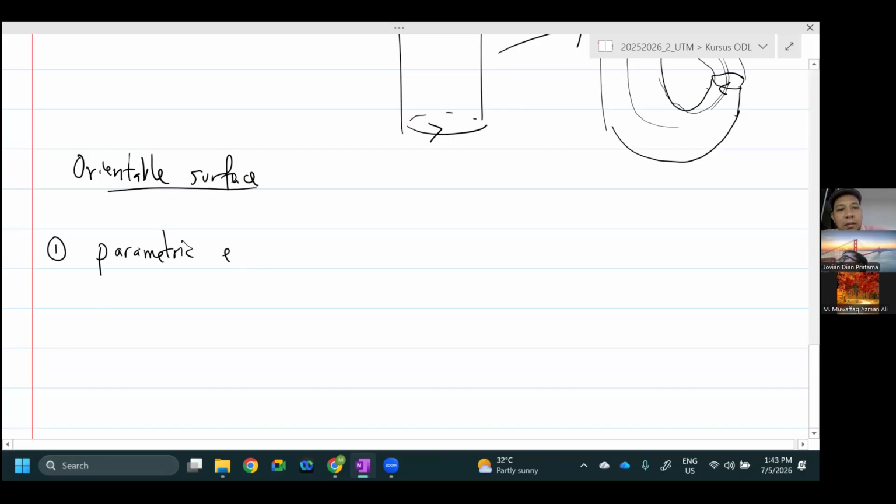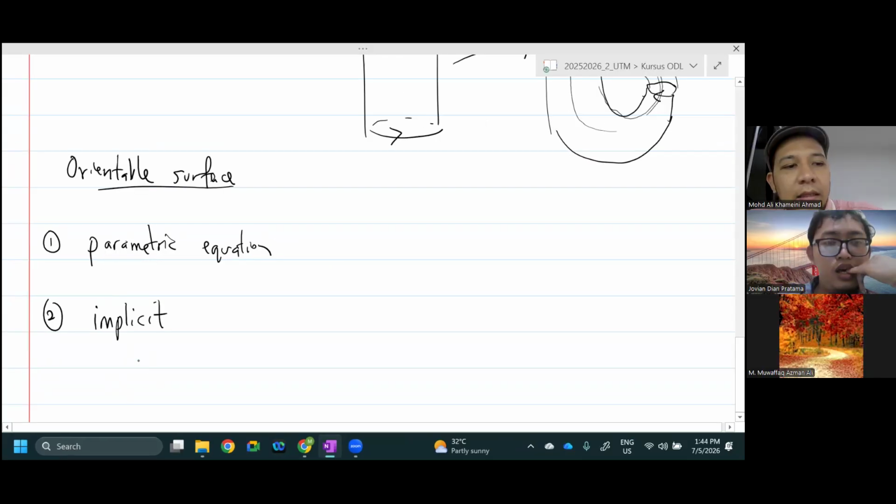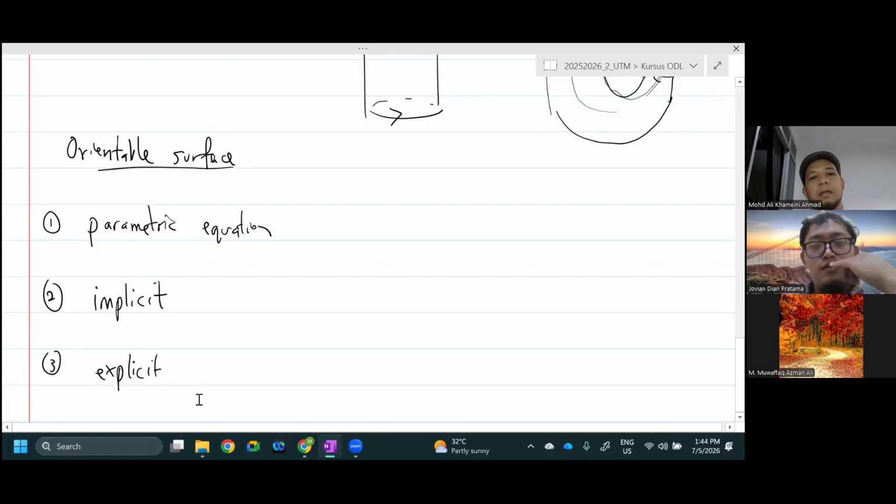And the second one, you can represent using an implicit function. And then the third is explicit. And the one that appears most frequently, more or less, I will deal with is the explicit form here.